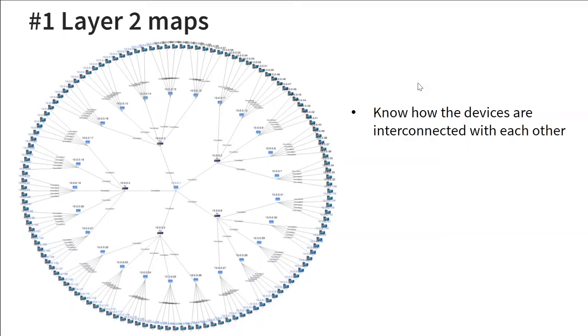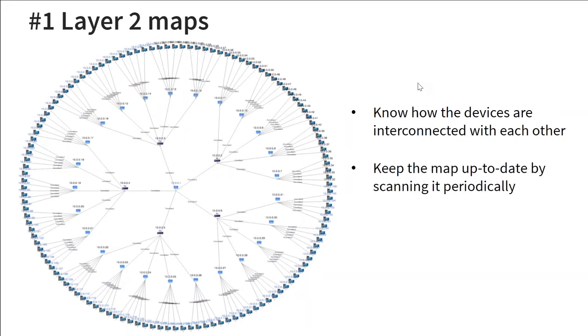So, network maps. First, I would like to discuss the layer 2 maps. Say you want to scan your entire network and get all the devices added in OpManager. You can use these layer 2 maps, so you can know how your devices are interconnected with each other in your network. And you can put this on a schedule.